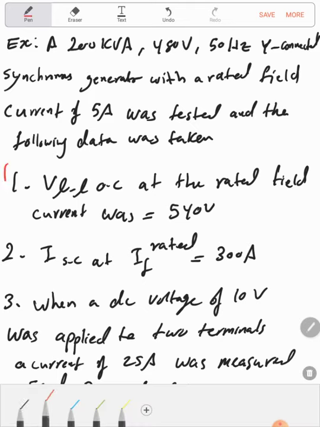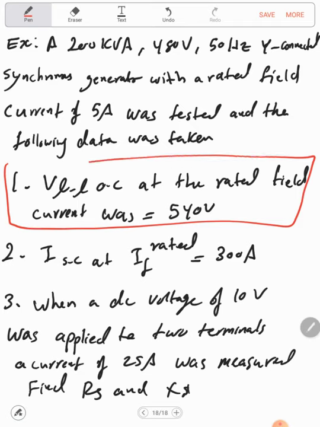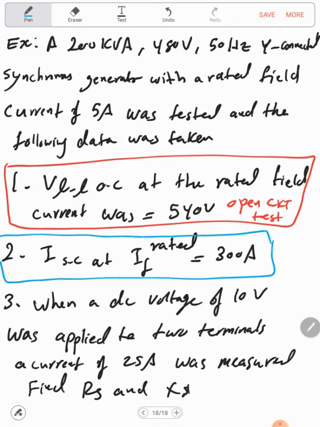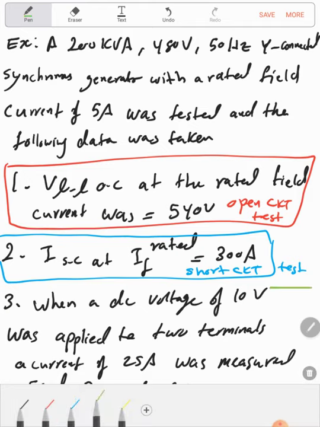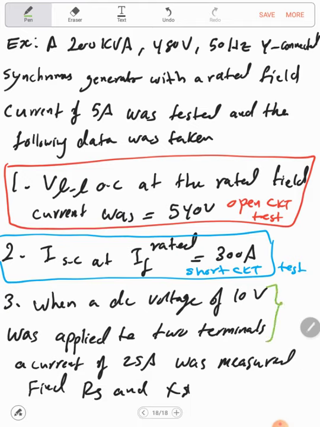The first test here is the open circuit test. The second test here is the short circuit test, and the last test here is the DC test.